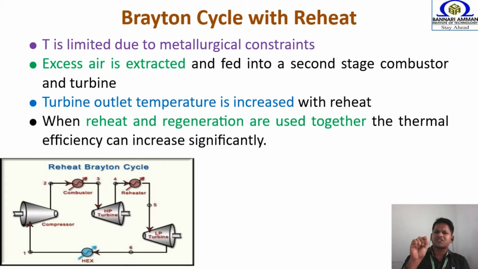This temperature is limited by metallurgical constraints, since the turbine blade has constraints with respect to temperature, it has its own melting point. So you should be very careful while choosing the reheating temperature and while designing the turbine blades. You should have that much temperature withstanding capability. So the thermal expansion coefficient should be checked for turbine blades. So that is the first constraint.